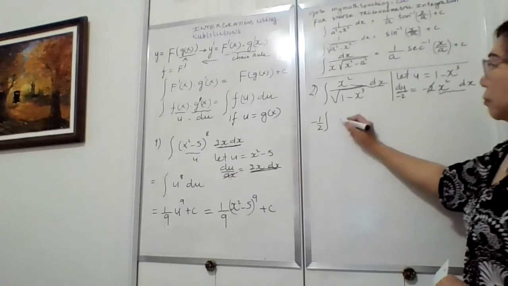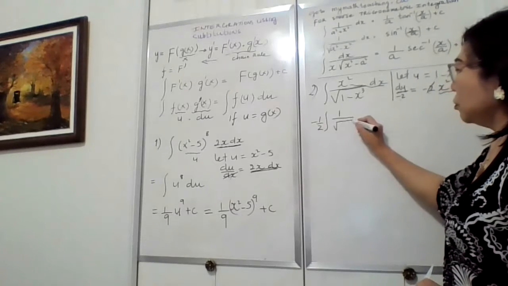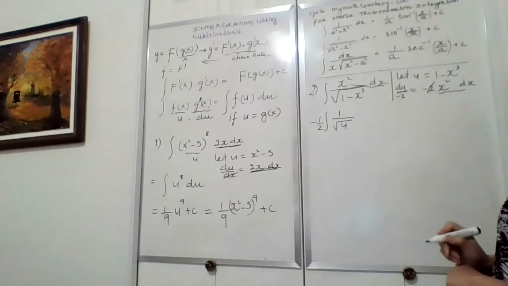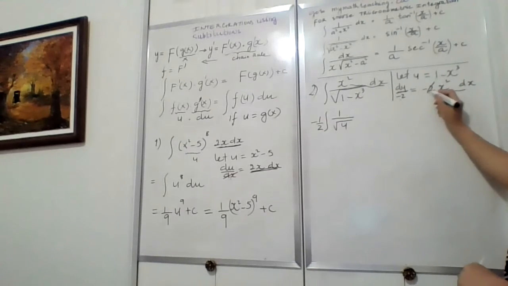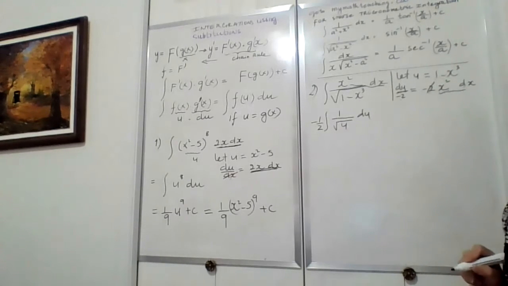And we just substitute, the top is 1, and the bottom is square root of u, right? Because we say this big chunk is u. And here we have x squared dx on the top. x squared dx becomes du.